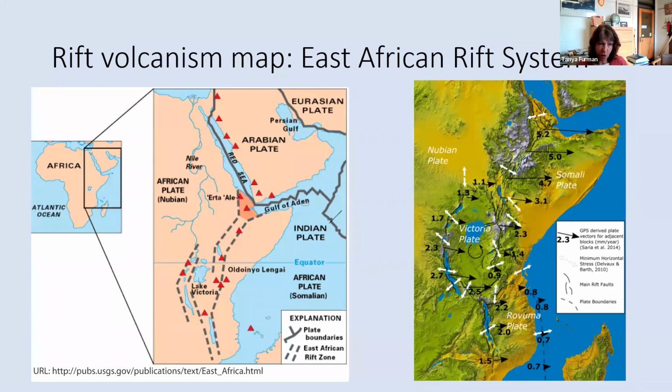And then they are slower in the 1s to 2s to maybe pushing towards 3 millimeters per year as we go south. So the old-timey model is one of sort of this north to south unzipping, that the plates are moving apart very rapidly in Afar and then slowest at the very southern tip in Malawi. But we're going to find that's not actually the case.